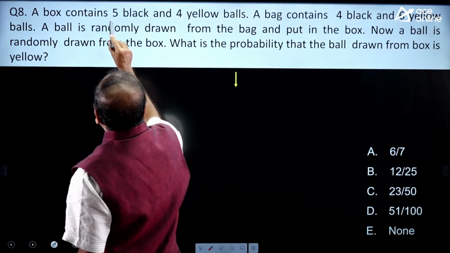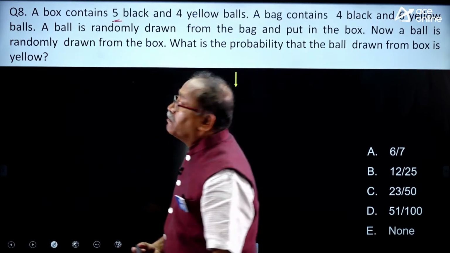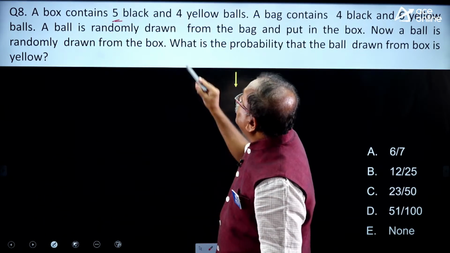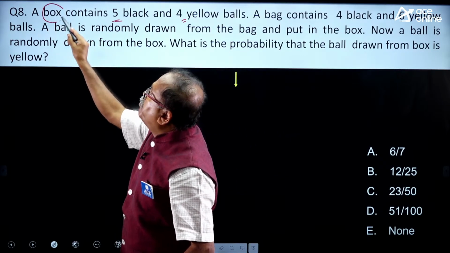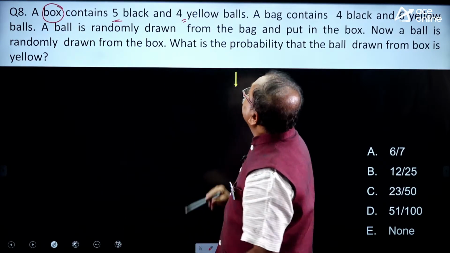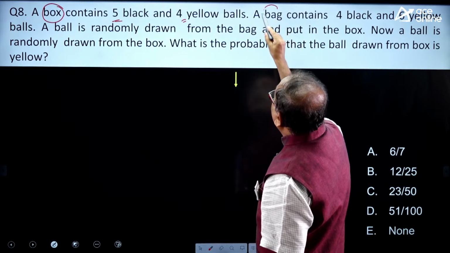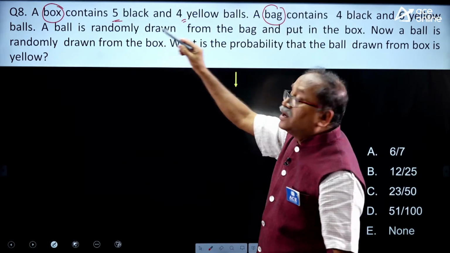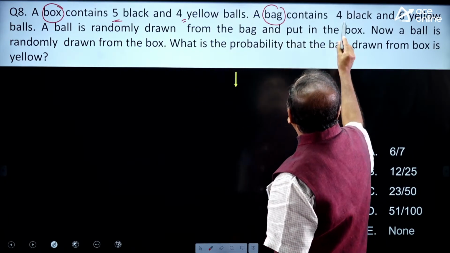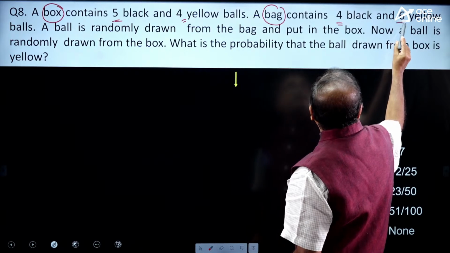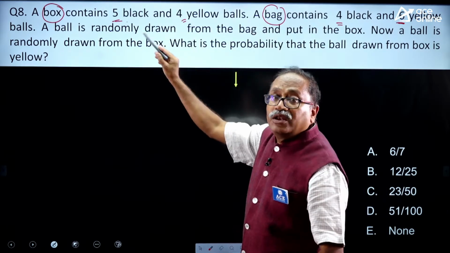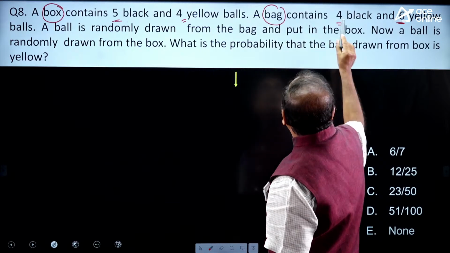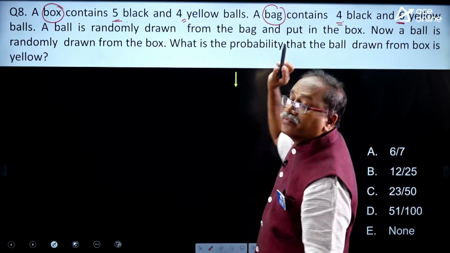A box contains 5 black and 4 yellow balls. A bag contains 4 black and 6 yellow balls.